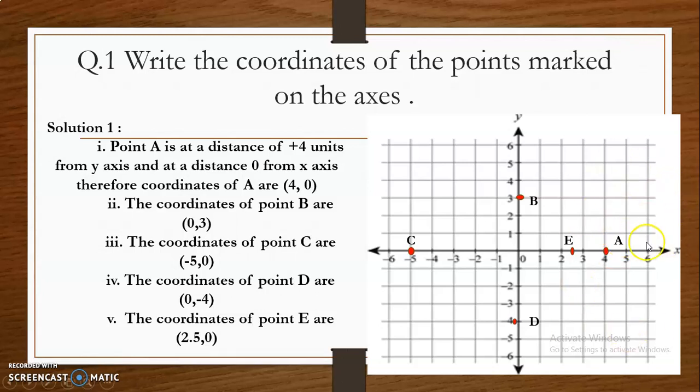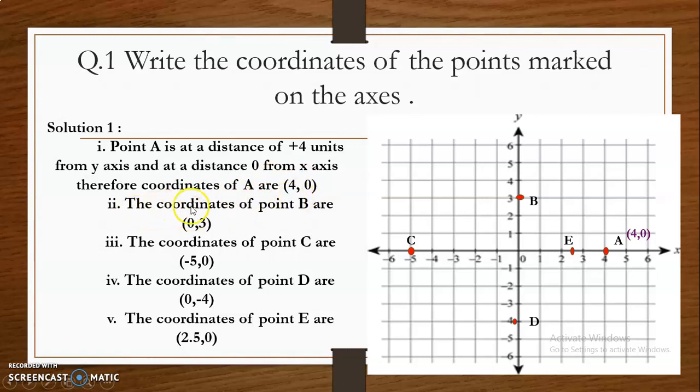So for A, the coordinates are 4, 0. First, how much away from the y-axis, and the second coordinate is decided by how much distance away from the x-axis. So the coordinates for point A are 4, 0.